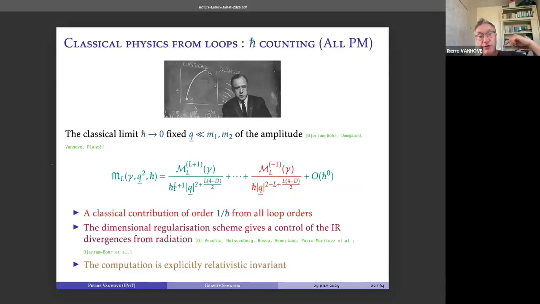That means some of the terms will be such that there will be a lot of 1 over h bar from this mass expansion. Essentially, you have a maximum number that is dictated by dimensional analysis, up to terms that are regular, that have no inverse power of h bar.